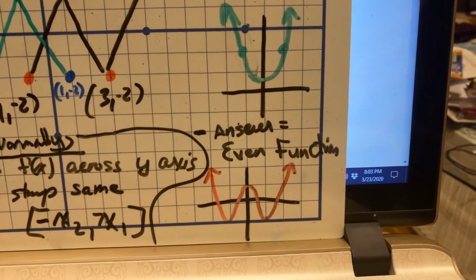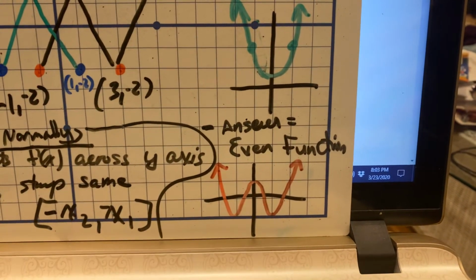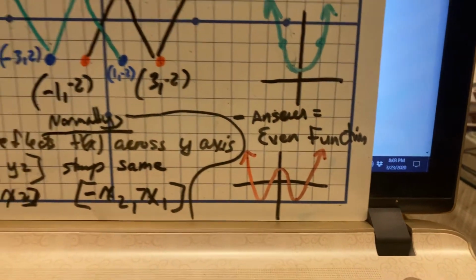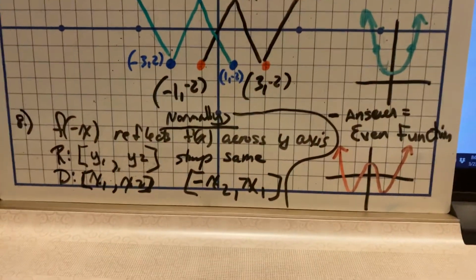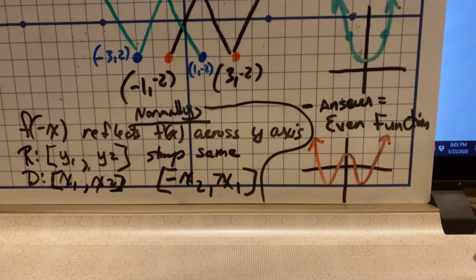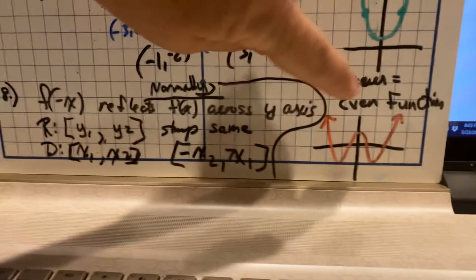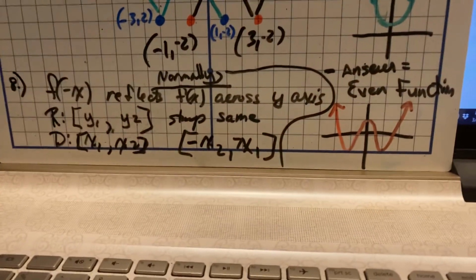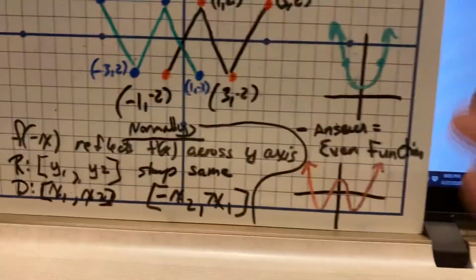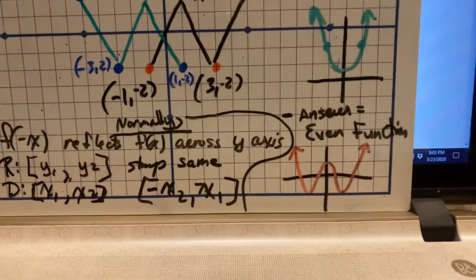Even if I painted it blue instead of red, it would look exactly the same. So the answer to number 8 is that it would look exactly the same in the event that we had an even function. I wrote the answer: an even function. If you want to, you can draw either the parabola or this lovely function down here. Both of those are even functions.